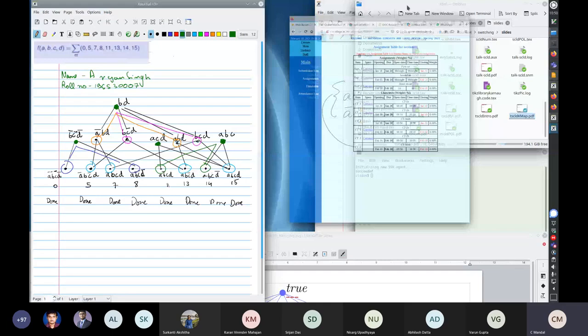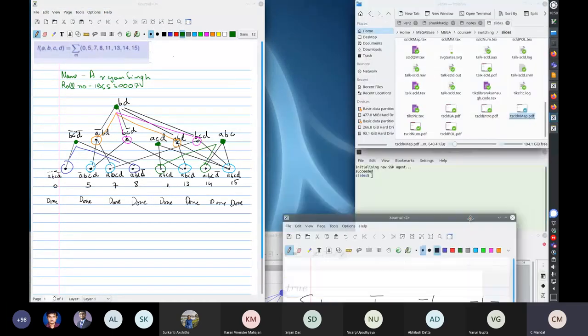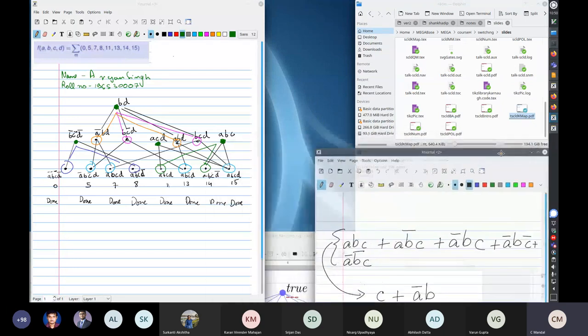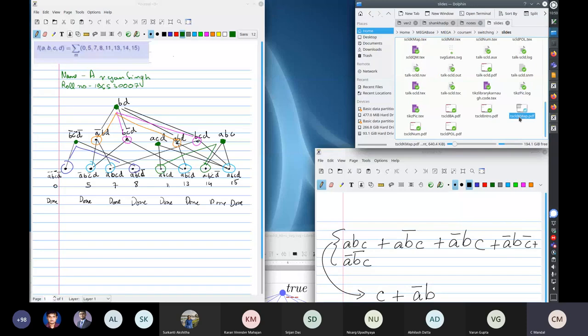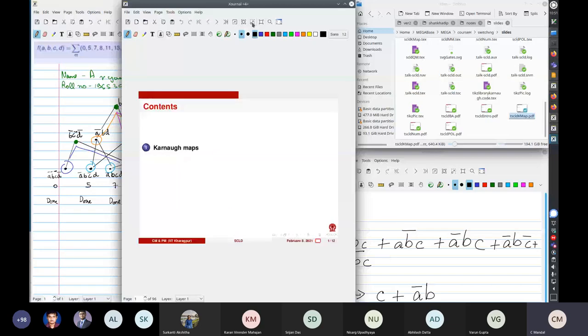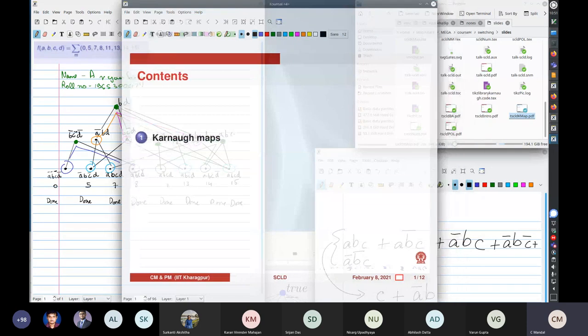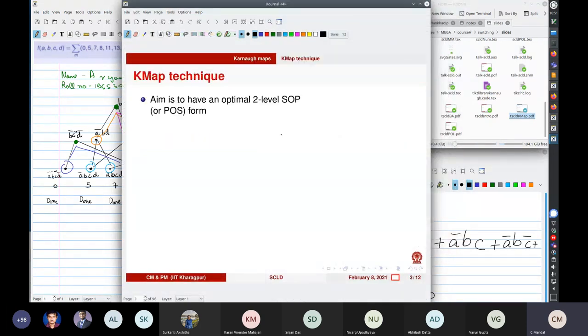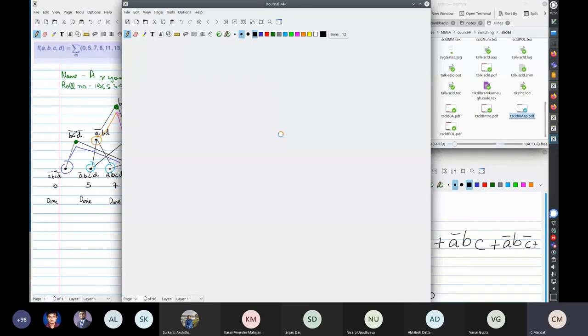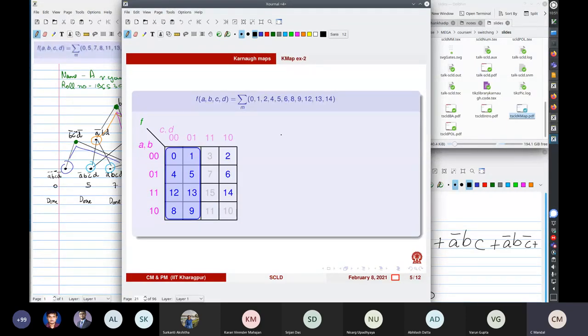Where is the Karnaugh map? I think this is the one we had, right?